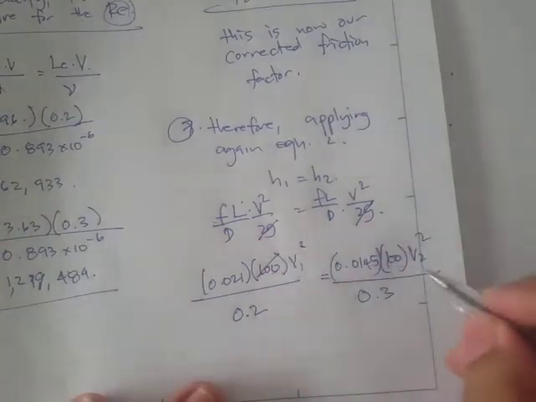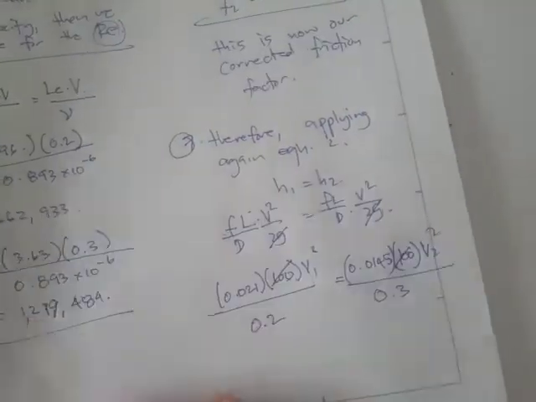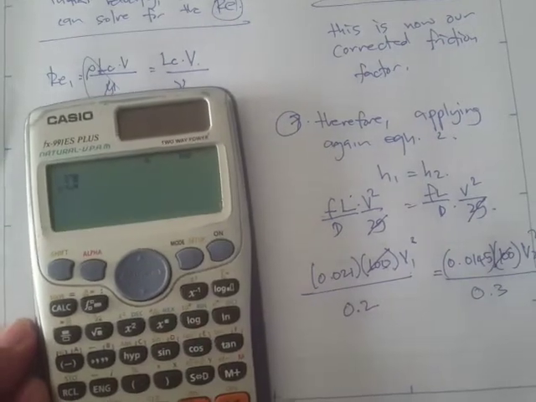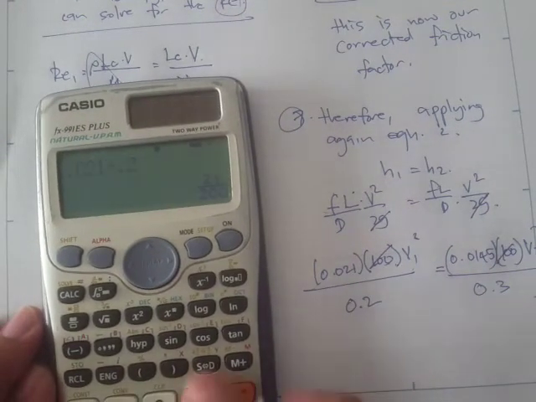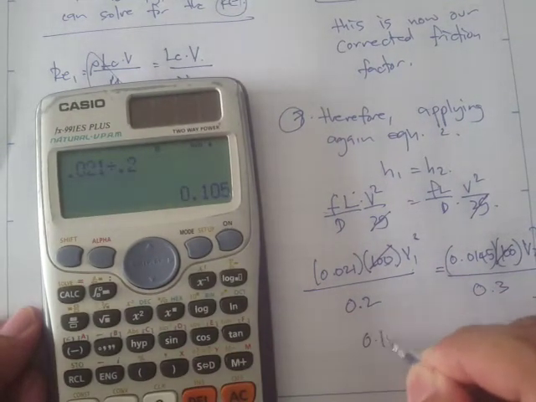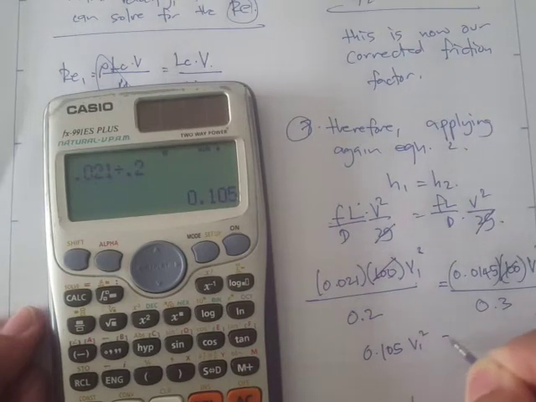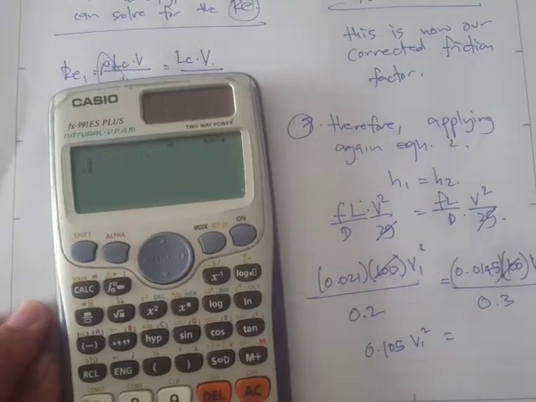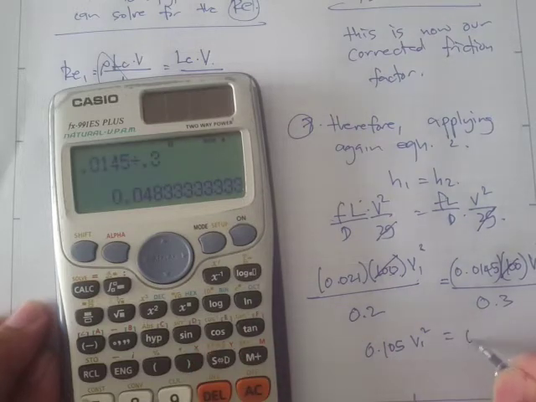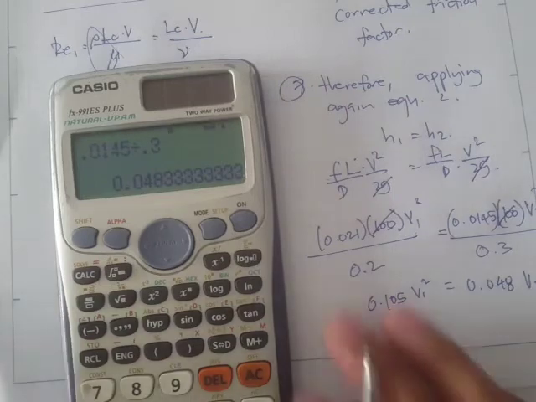Okay, so this one cancels out, and therefore we have 0.021 divided by 0.2. So this is 0.105 v sub 1 squared, and then this one is 0.0145 divided by 0.3. This is 0.048. Right.